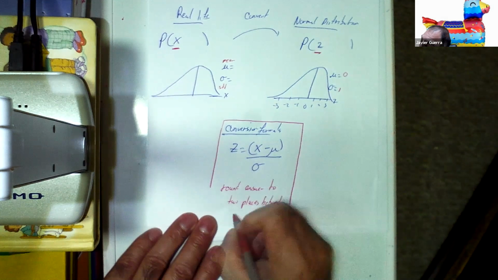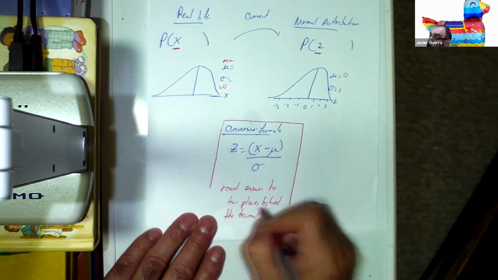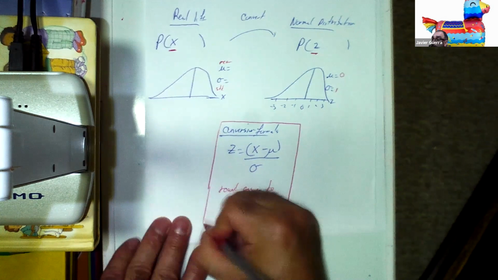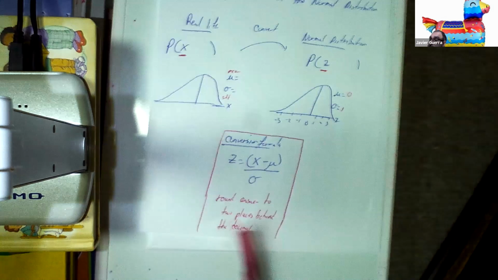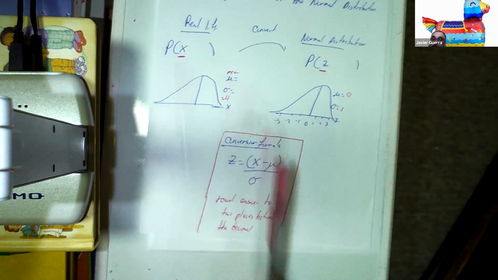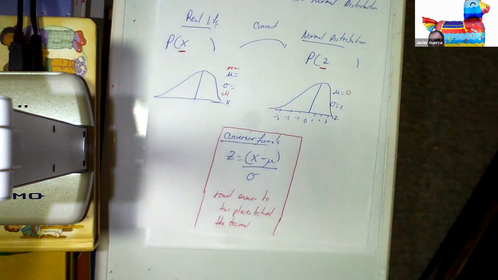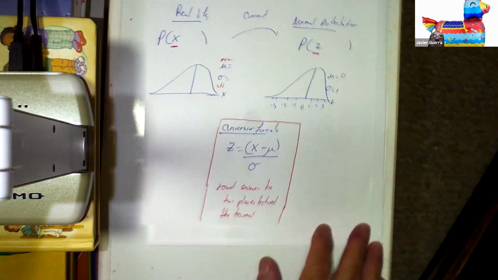It's going to get a little bit complicated because there are some rounding rules we're going to have to follow. Once you convert, you can use StatDisk and find the probability for that particular thing. We're going to run some examples so you can get the feel for it.